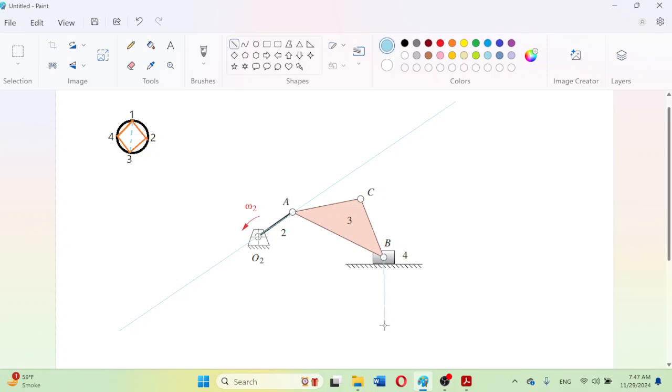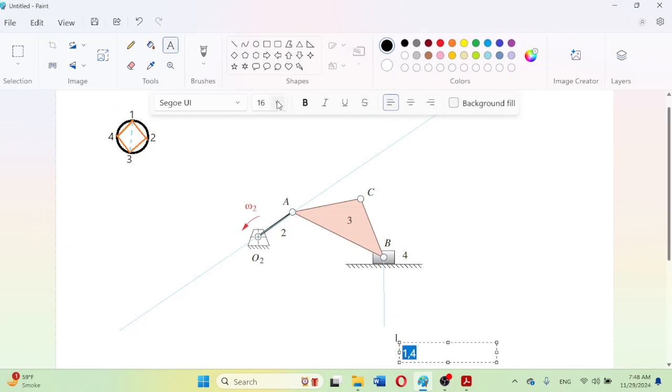So here that can just be shown here, for example, and this is instant center I1,4.